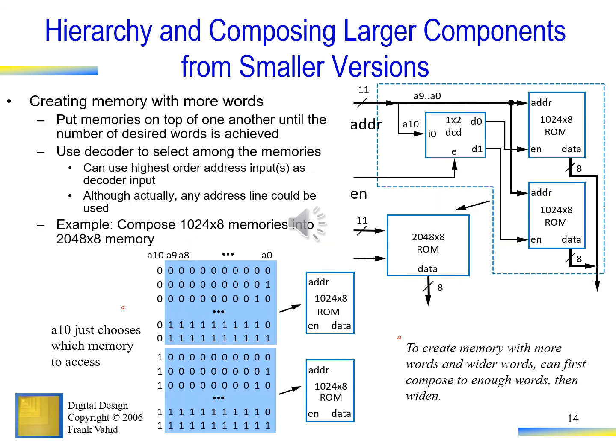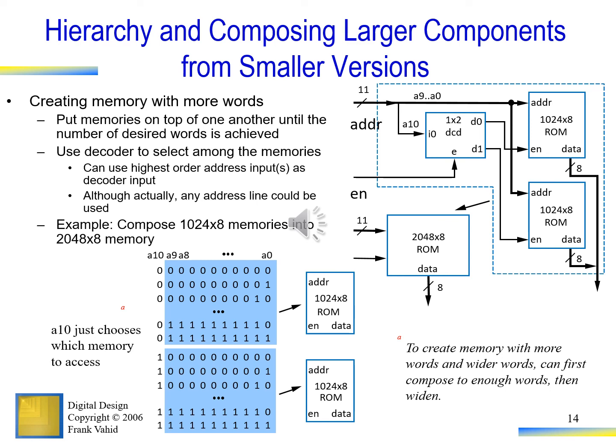Then we can also join them in one column. For example, if we want to make a 2048 cross 8 ROM with the help of 1024 into 8 ROMs. In a 1024 ROM, we have 10 bits of address bus, and in a 2048 ROM we have 11 bits of address. The data bus in both cases is the same, so we don't need to add the ROMs in rows. We just need to add them in columns. For this we need a decoder.